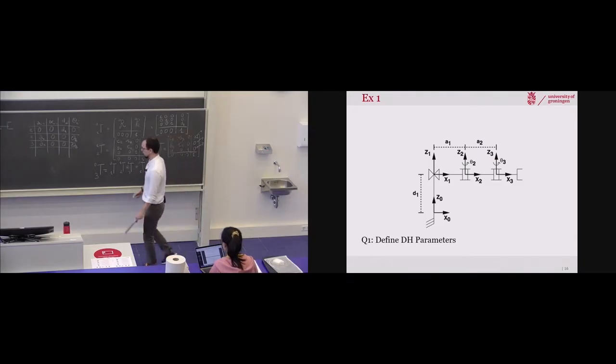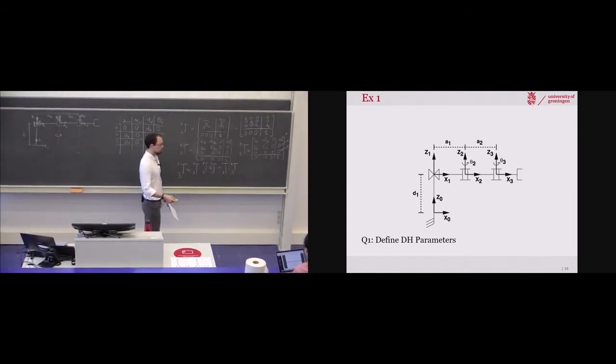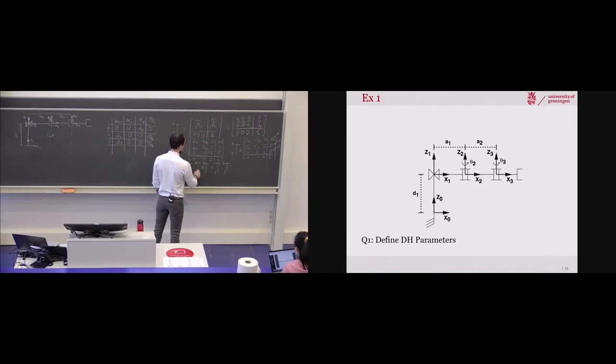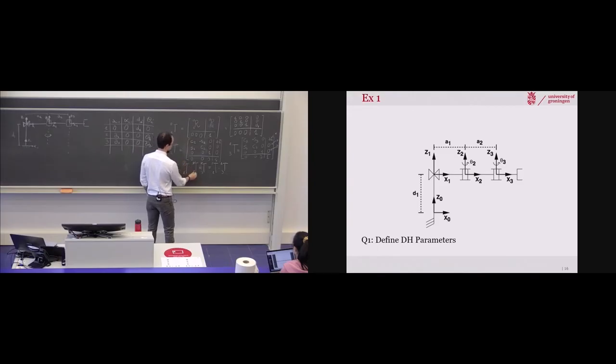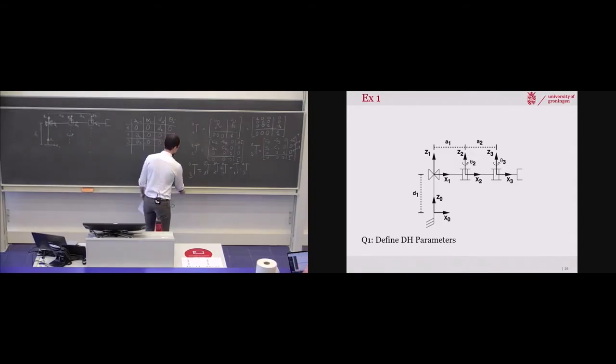You can also think of a heuristic to understand how to do this sort of multiplication with the indexes: this one pairs with this one, pairs with this, so you just end up with 0 and 3, and you obtain the transition matrix from 0 to 3. Okay, this is a little mnemonic rule to remember this kind of multiplication.